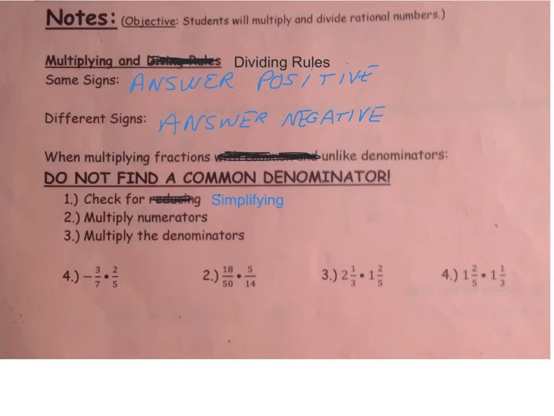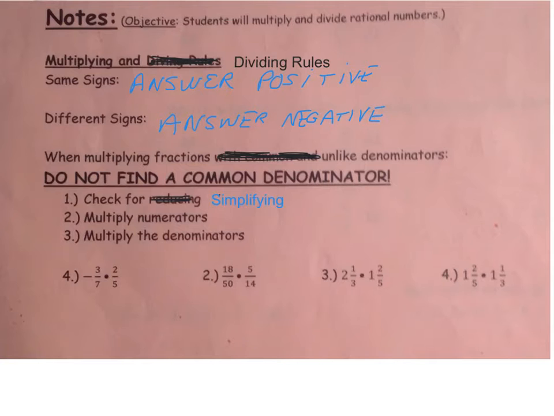When multiplying fractions with unlike denominators, I think you could cross out that with common. Just basically any fractions, when multiplying fractions, do not find a common denominator. Not necessary. Do not.